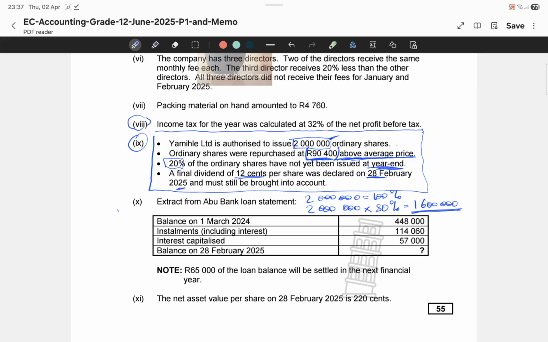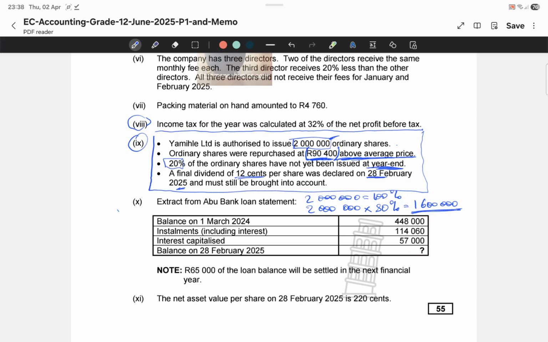Okay, so here we are going to take the one that we calculated using the 80%. It is the one that we are going to use on the retained income. Why? Because we are looking for final dividends, and final dividends are declared at the end of the year.